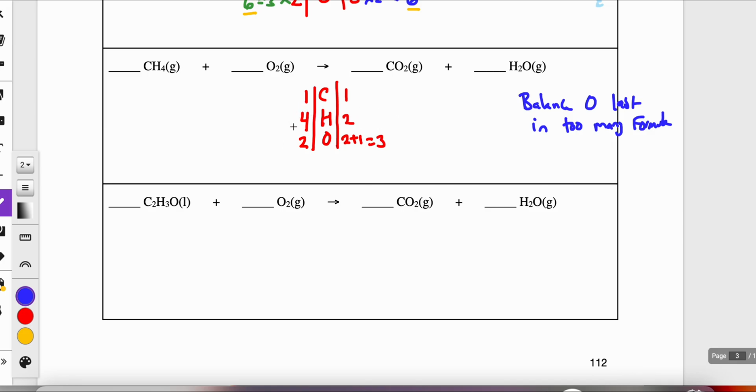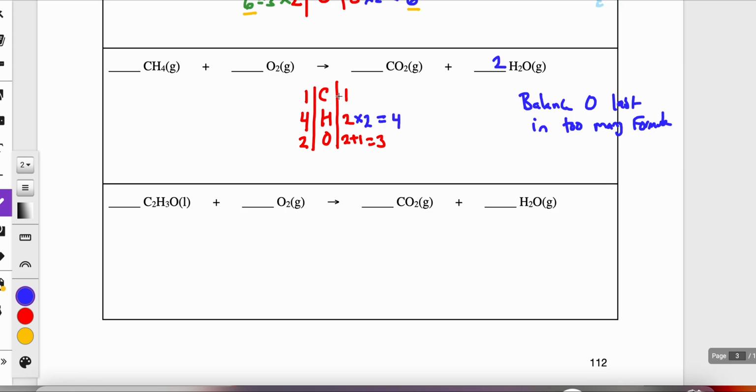So this time there are 4 hydrogens on the left and there are 2 on the right, so I put my coefficient on the side that has the lesser number. So what can I multiply 2 by to get it to equal 4? So out in front of H2O, I'm going to put a 2 there. So I multiply hydrogen subscript of 2 by that coefficient, and it increases the hydrogen count from 2 to 4. So now my hydrogen counts are the same.